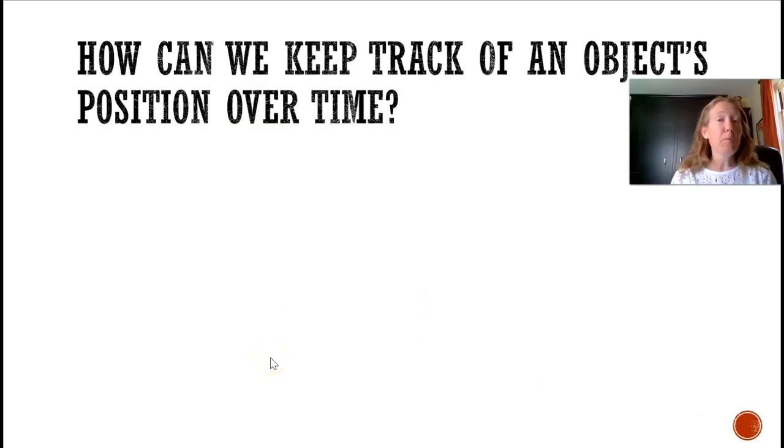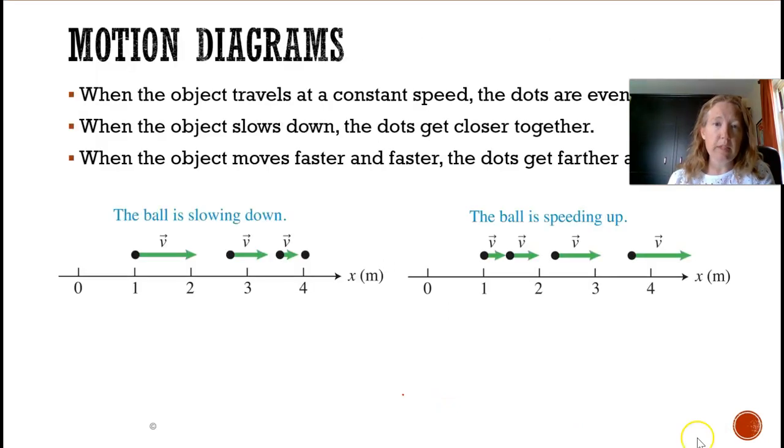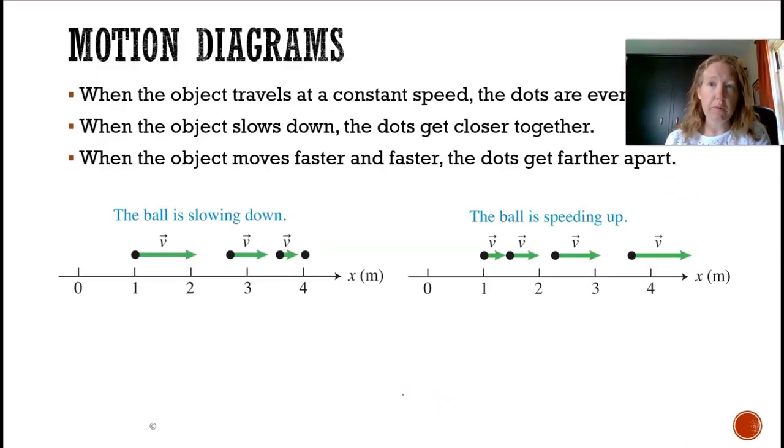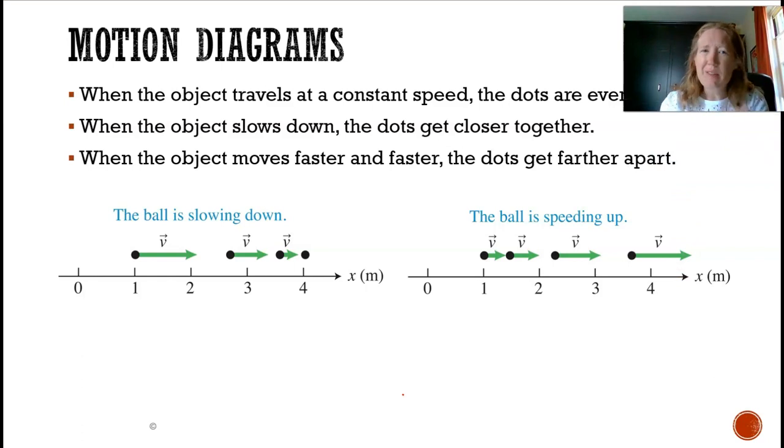So then, what are all the ways that we can keep track of position over time? In your lab, you made data tables, right? And so that's a great way of doing that. Another way of doing this is to make a motion diagram, which is kind of like a breadcrumb situation, but it's a nice visual. So you could put a dot down every second that the object is moving.